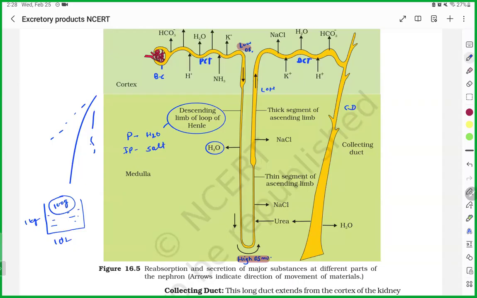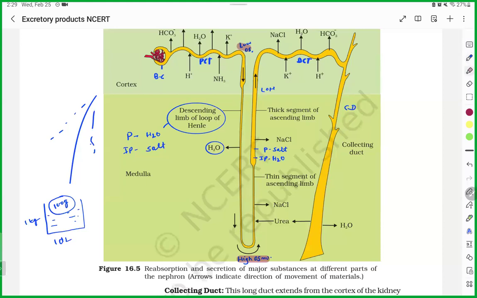Nothing is special in the case of the ascending limb. Remember, everything will be opposite to the descending limb. The ascending limb will be permeable to salt, and impermeable to water. Exactly opposite of the descending.